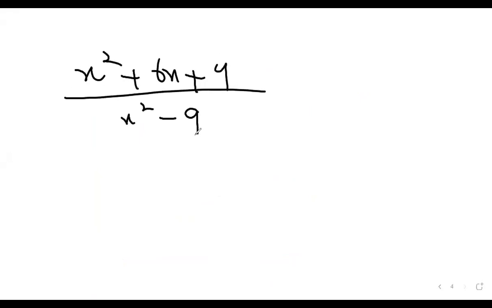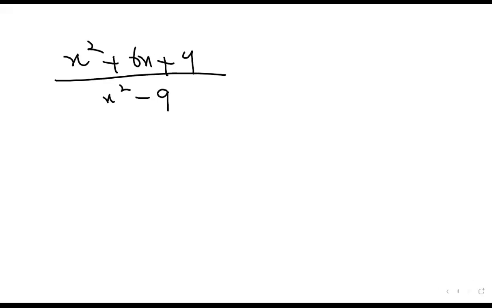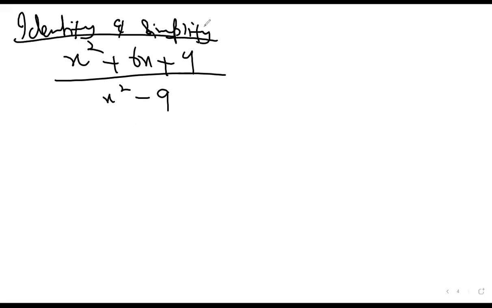What is the task of the question? We need to identify whether it is rational or irrational, and we will simplify as well. Identify and simplify. These both are the tasks. Although only one task is present in the exercise.